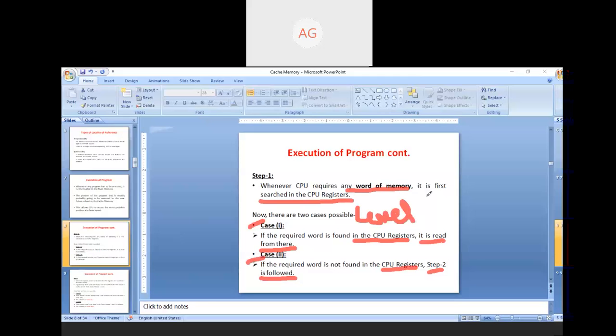If at level 0 that word is not found, then we move to level 1, the cache memory. So this is the first step. Moving to the next slide.